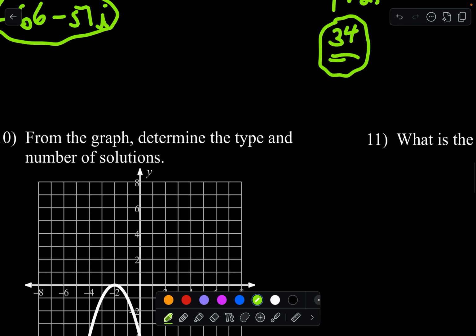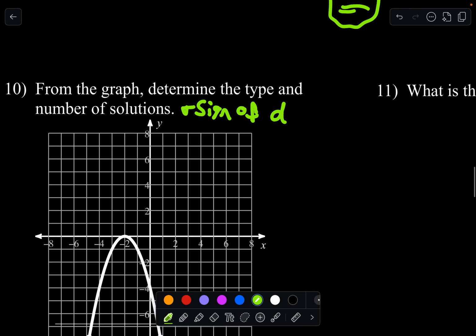From the graph, determine the type and number of solutions and sign of the discriminant D. Well, the discriminant is the thing that's underneath the radical, right, in the quadratic formula. And it tells us if D is positive, then we have 2 real solutions.